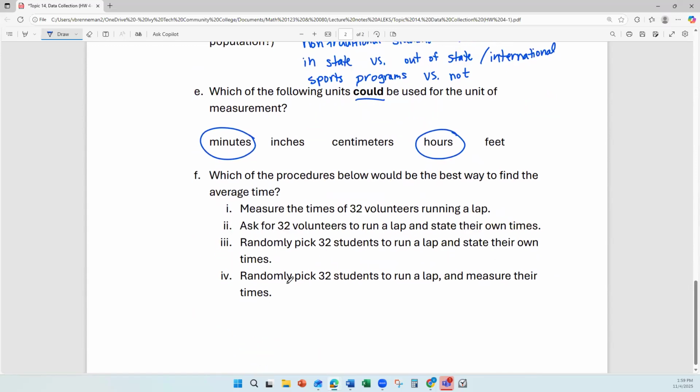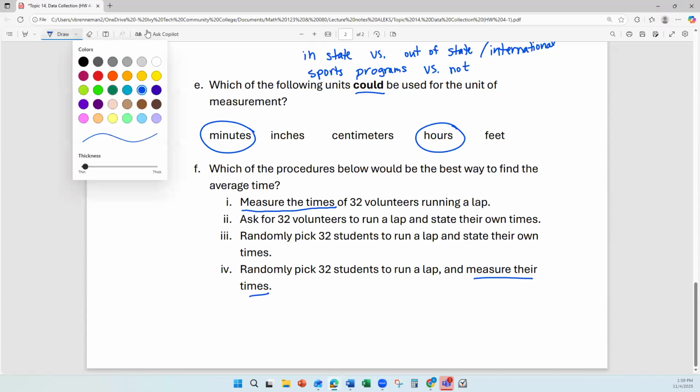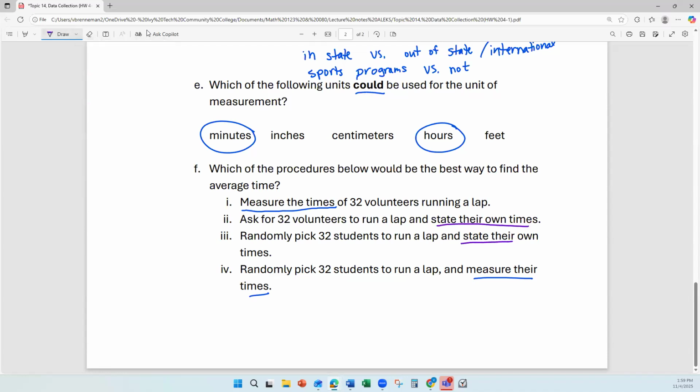And then you have things like which of these would be the best way to find the average time. So he has these 4 options. And as you look at these options, let's look at what's similar and different in them. So we have measure the times in 2 of these versus state their own times.